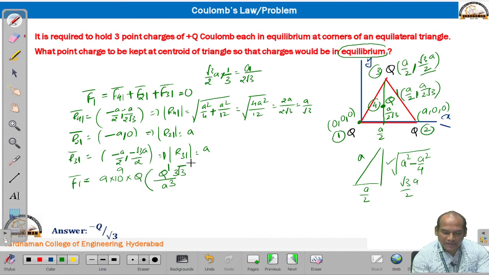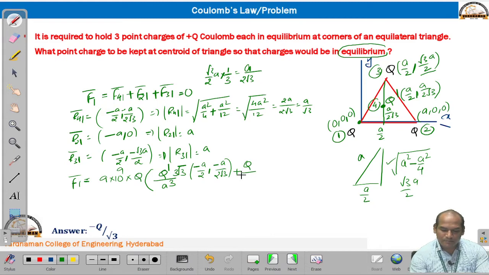Next, what you need to write? Vector you need to write, that is minus a by 2 comma minus a by 2 root 3, this is the vector we have, this is the first force, plus in the second force you will be having another q, because source is also q only, test charge is q, source charge is also q only, that is why I have written here q.